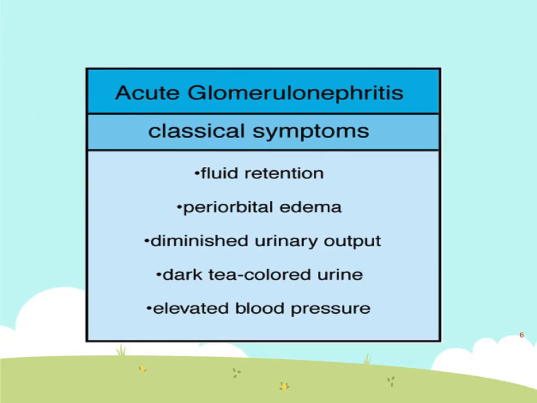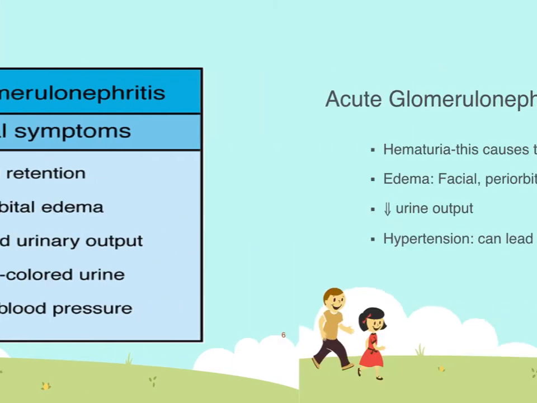And this table, which you will also find in your textbook, gives you the classic symptoms of fluid retention, periorbital edema, a decrease in the urine output, and the urine is a dark tea color because of capillary permeability, and it's actually blood. But when it's coming from the kidney and not the bladder, it has the tea color. There's also an elevation of the blood pressure.